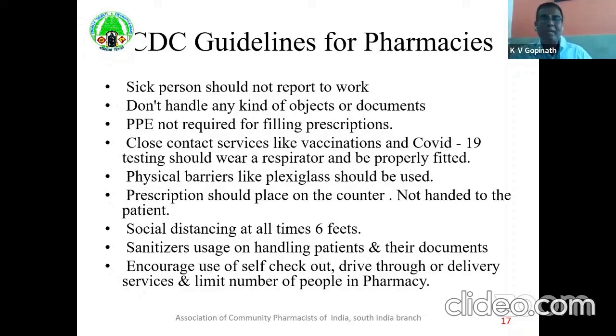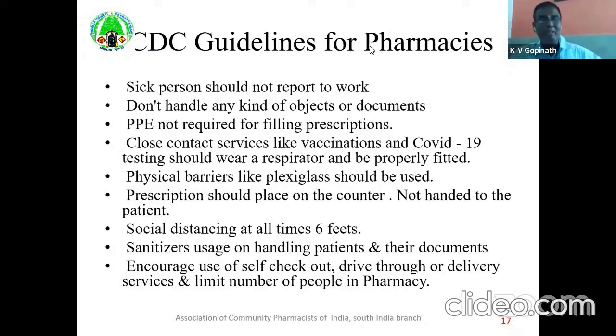Then for close contact services like vaccinations and COVID-19 testing, make sure the worker is properly fitted with a respirator. Then use flexi glasses in the hospital and pharmacy premises. There should be a separate drop box or a separate counter for keeping medicine so that the patient can take it directly. Don't hand the medicines over to the patient.